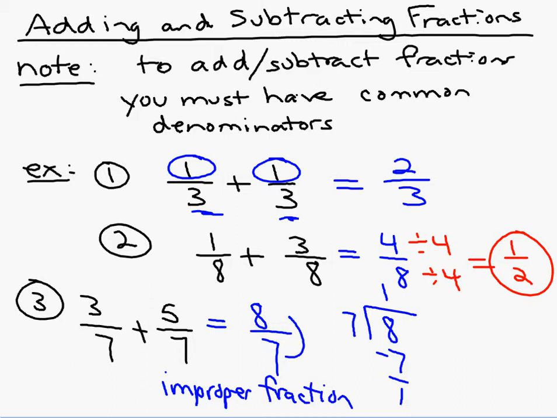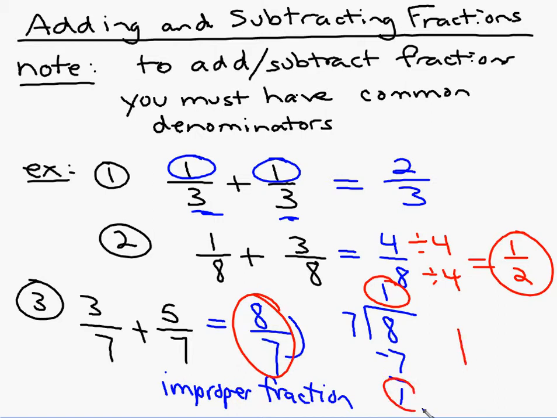Now, what I'm going to do with all of that is I'm going to write what's called a mixed number. This means if I have 8/7 of a pie, don't I have more than a whole pie? So I have 1 whole, so this will be 1.